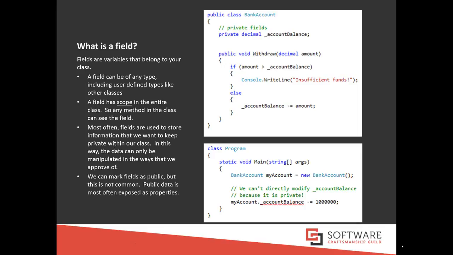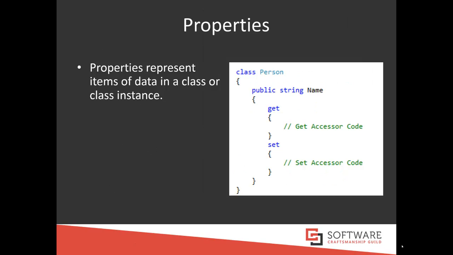If I try to use the dot syntax to get to the account balance field, I'm going to get an error because account balance is private. Only methods inside the bank account class are allowed to change that value directly. So it is protected from meddling in other programs.